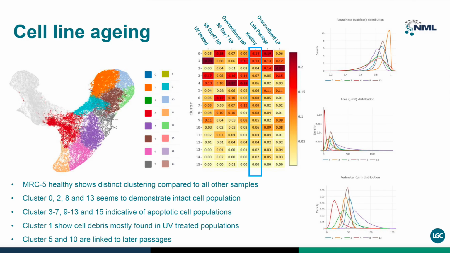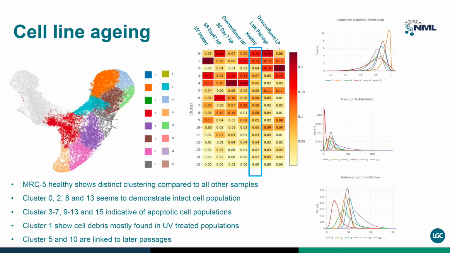Late passage cells tend to have clustering within 3 to 7, 9 to 13, and 15, that are quite indicative of apoptotic cell fractions when we were looking at individual cells, like single cell images. Cluster 1 seems to show cell debris that's mostly found in UV treated samples, as we've predicted, and clusters 5 and 10 are linked to later passages that are not found in healthy, optimal passages.